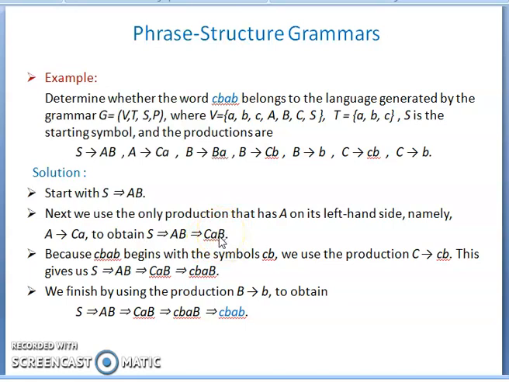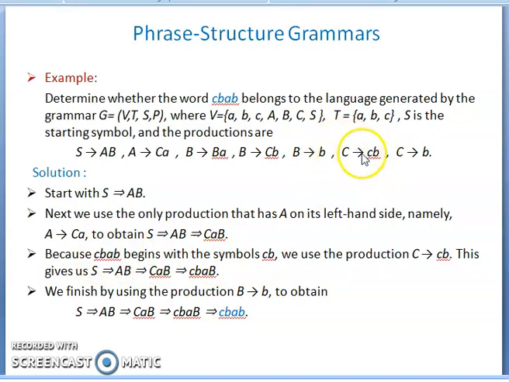Now we should travel towards this particular small c, b, a, b. Because CBAB begins with the symbol CB, how do you get the CB?